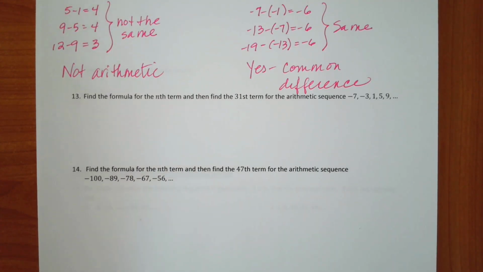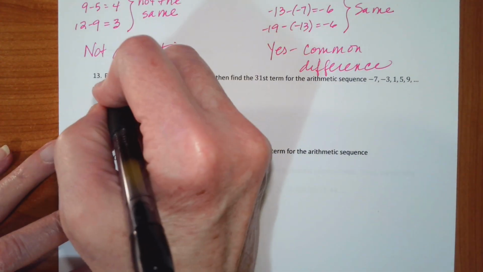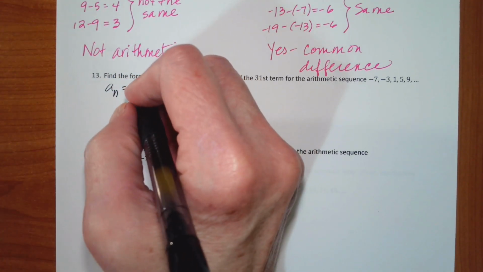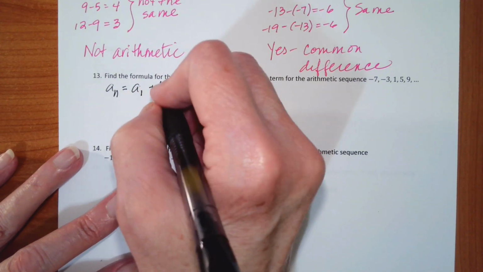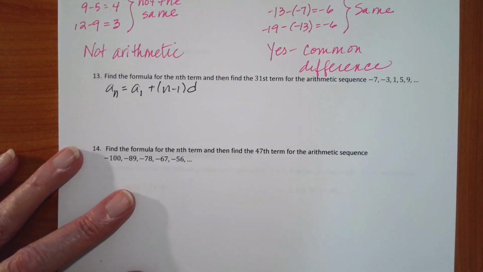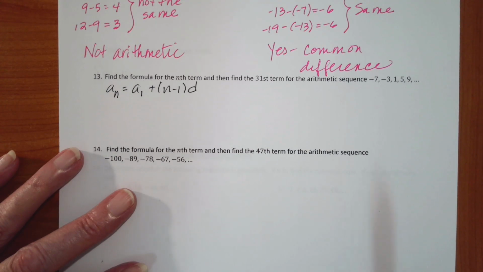Okay, find the formula for the nth term. The formula for the nth term of an arithmetic sequence is a sub n is equal to a sub 1 plus n minus 1 times d, where d is the common difference, and a sub 1 is the first term.